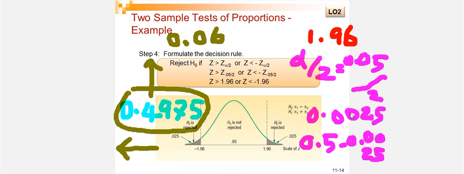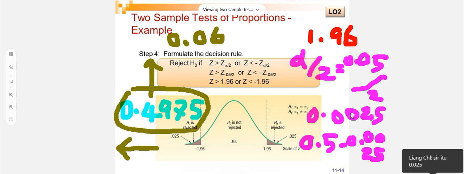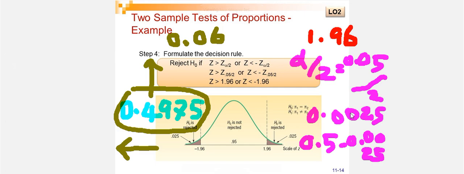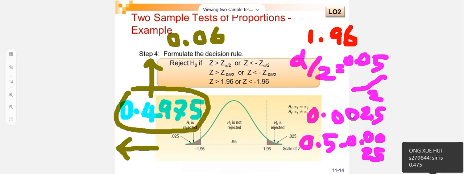Ada siapa-siapa boleh tolong? You tengok 0.4975. Betul ke? Tak, wait. Oh ya, betul.